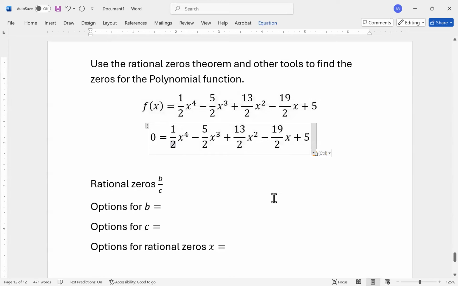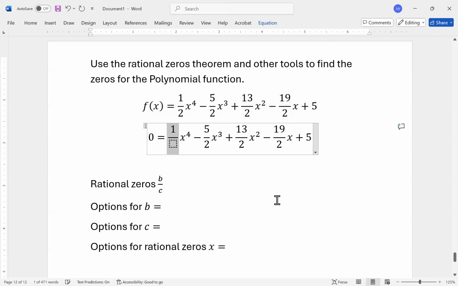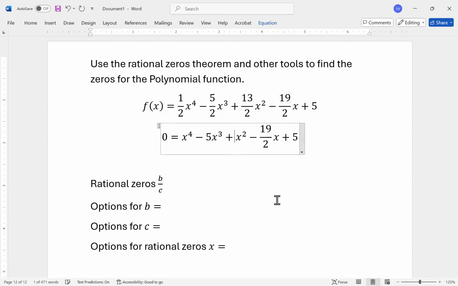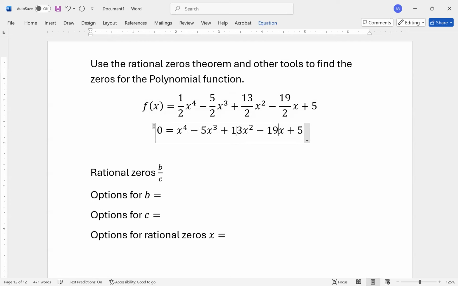If I multiply both sides by a 2 or factor out a 1/2, I'm going to end up with a coefficient of 1 in front of x to the fourth, a coefficient of -5 in front of x to the third, a coefficient of +13 in front of x squared, a coefficient of -19 in front of the x, and a 10 as my constant.